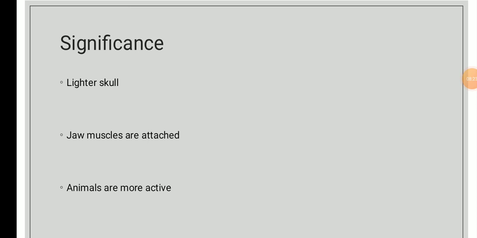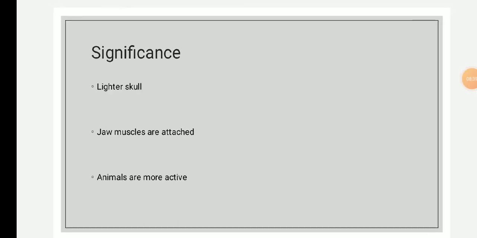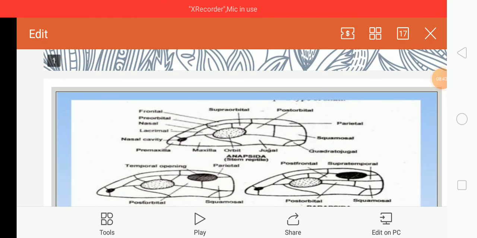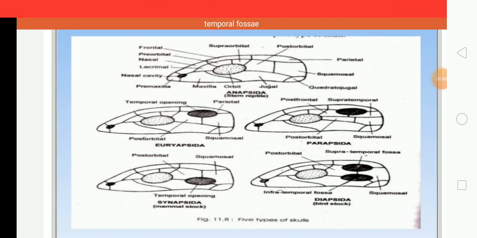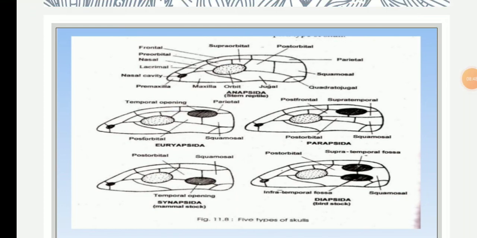The next advantage of having these fossae is that the skull becomes lighter and the animal becomes more active, so they can move very fast and they can also escape from their predators. So this is about the temporal fossae in reptiles. If there is any question regarding this topic, then please let me know. Thank you.